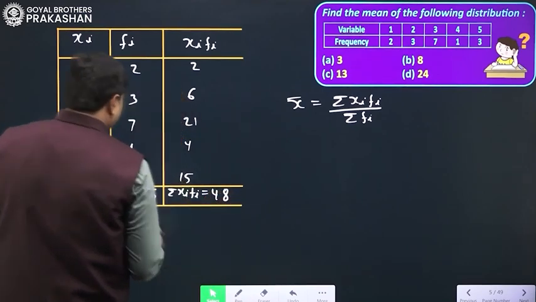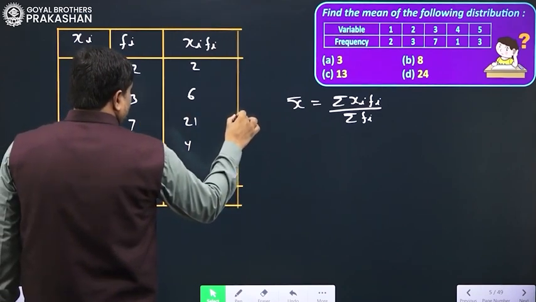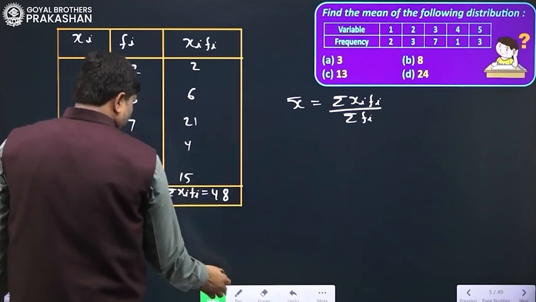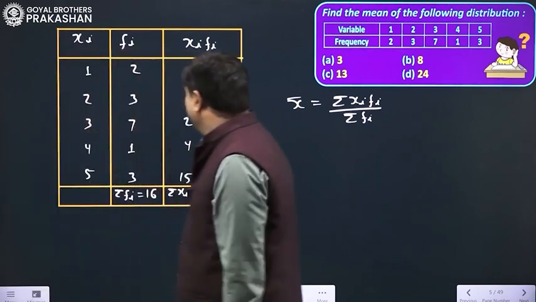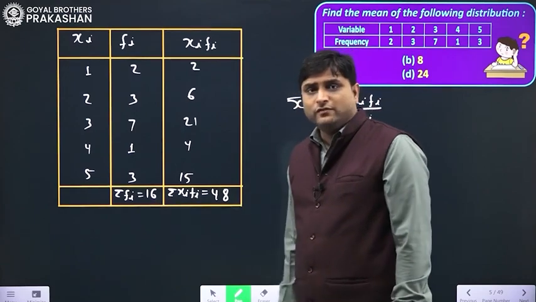So this is the value of summation of xi fi, and dear student, this is our complete table which represents the values of xi fi, summation of xi fi, also summation of fi.